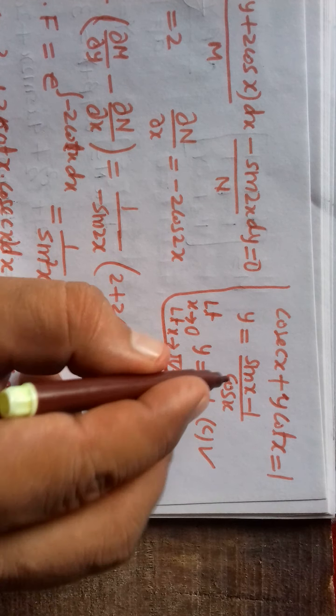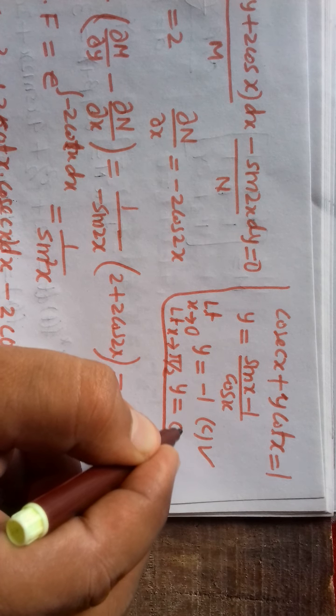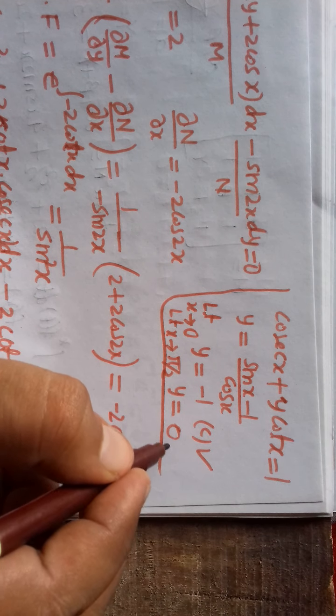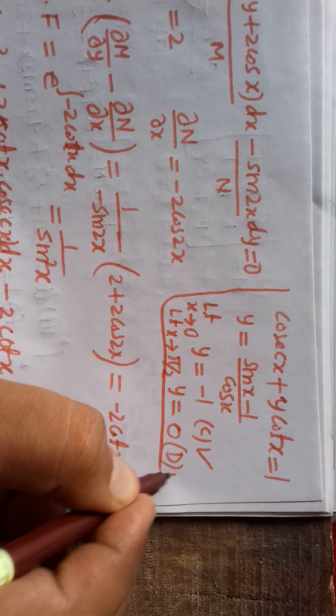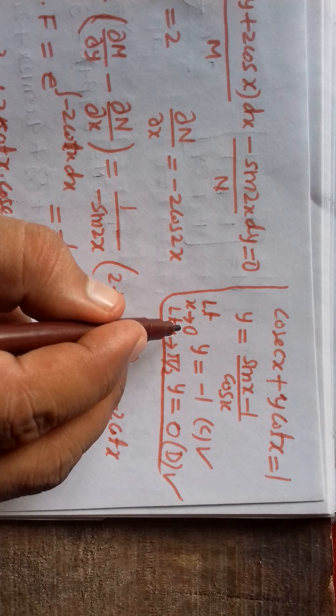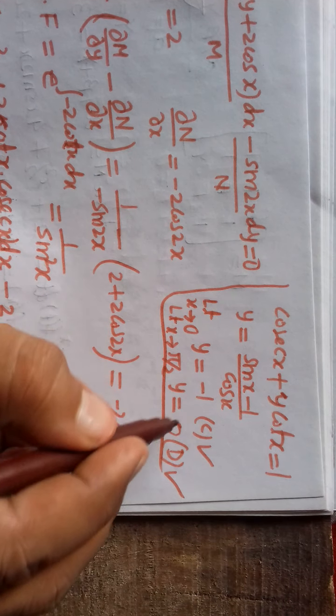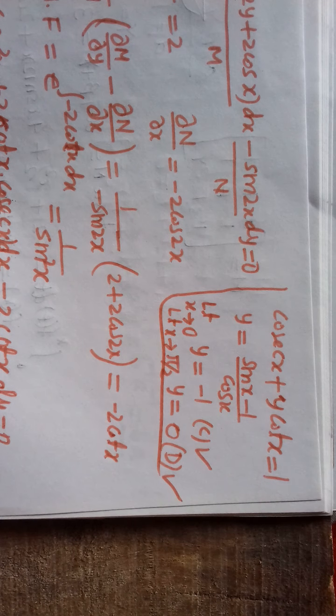So this becomes 0. So D is also correct, because as x tends to 0 and x tends to pi by 2, we get a finite value. So C and D are correct options.